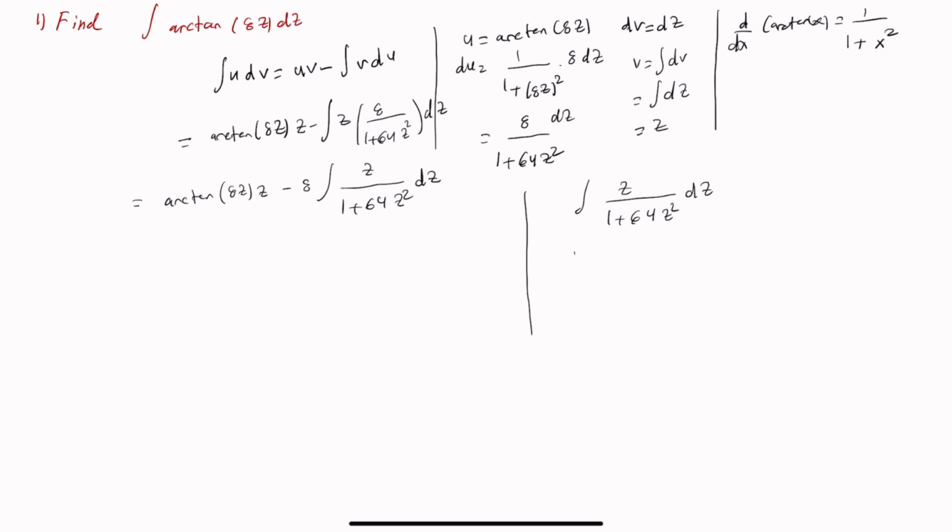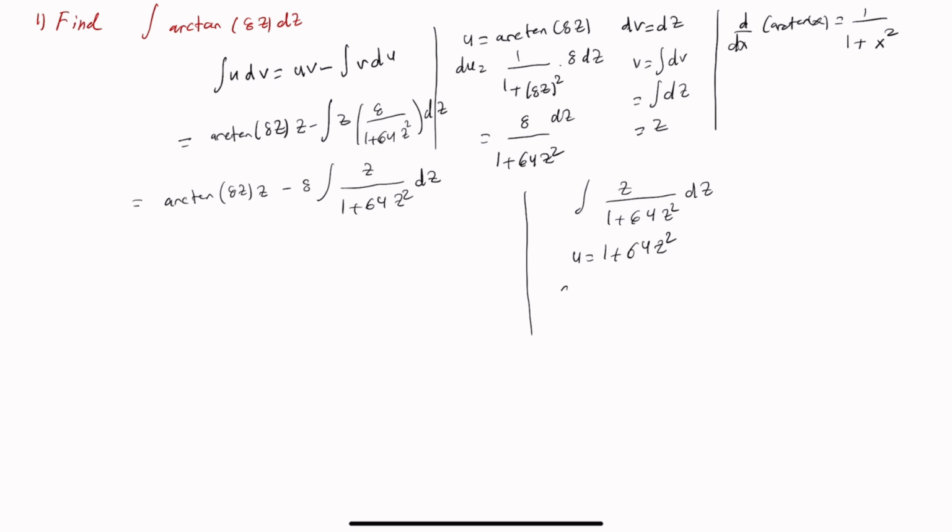Now let's set u equal to the denominator, that is 1 plus 64 z squared. Do not confuse this u with this u, they are different. If you are confused, you can use a different variable, you can make it w substitution.